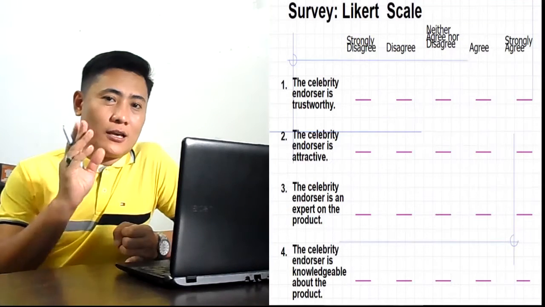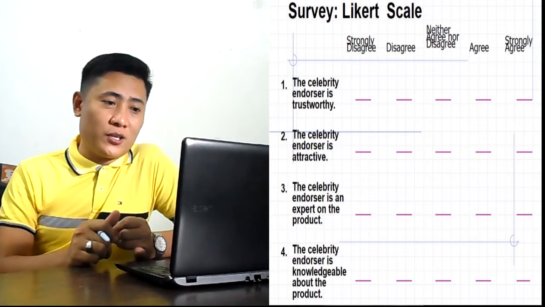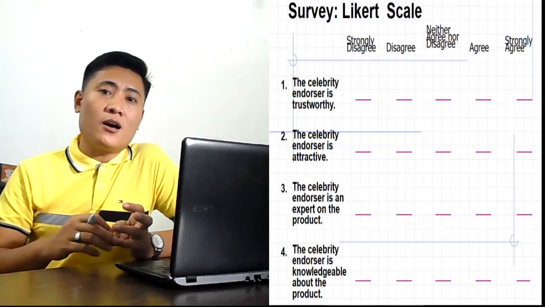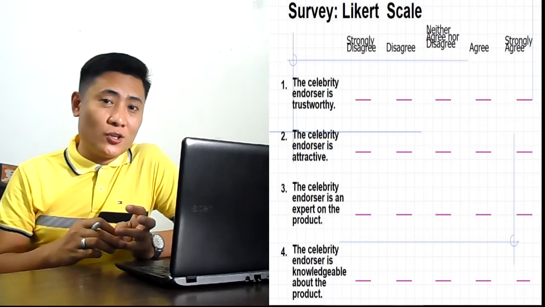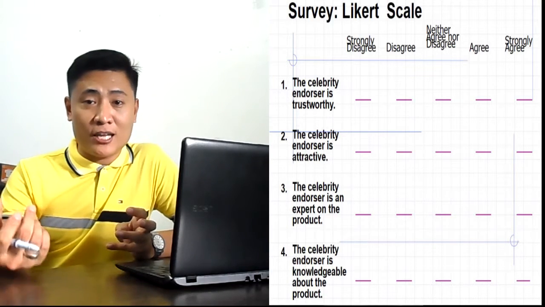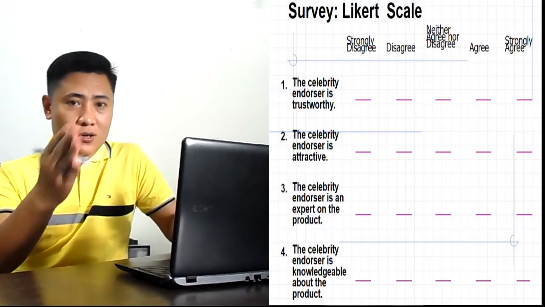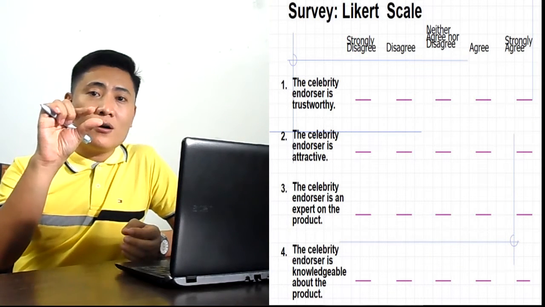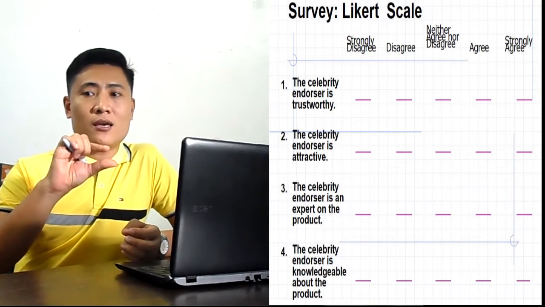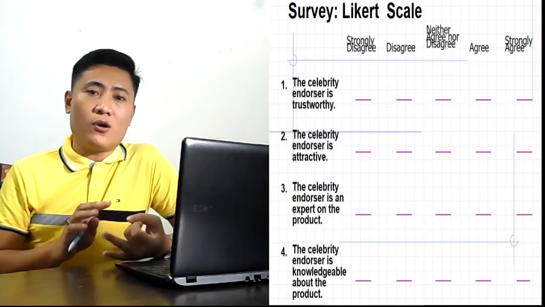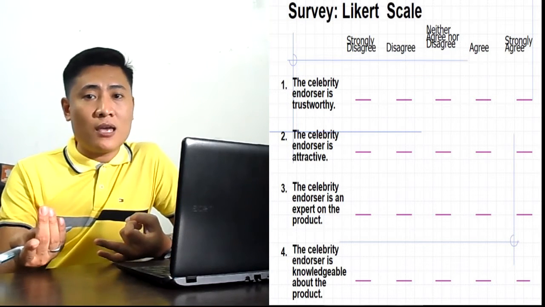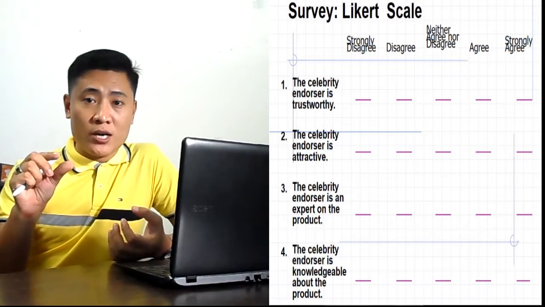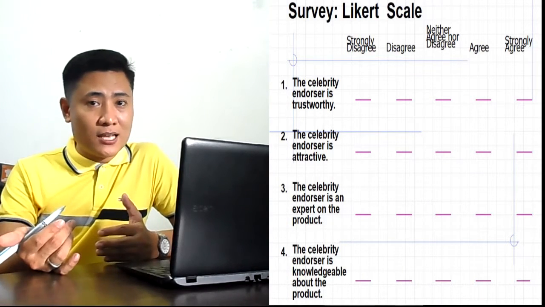Okay, so as a rule of thumb in doing the multiple choice type of test, it must undergo the process of face validation. You can have your co-teachers check it for you, the way it looks. The choices must be arranged according to length. Or in cases where options are words, you can arrange them alphabetically.